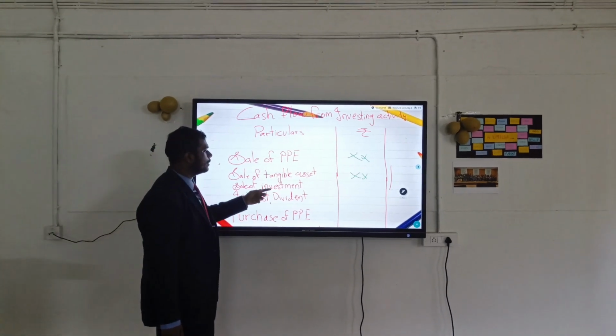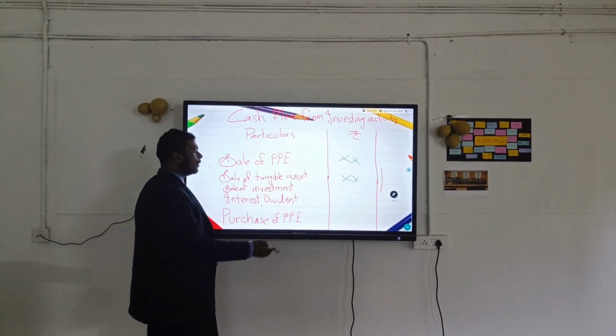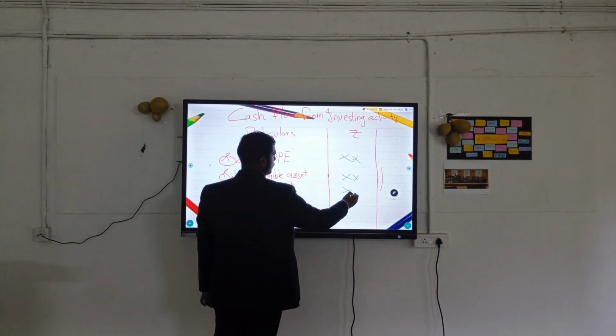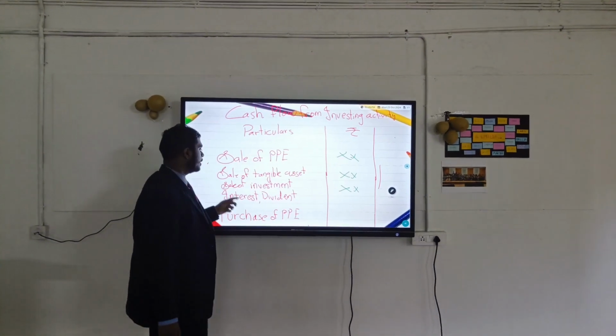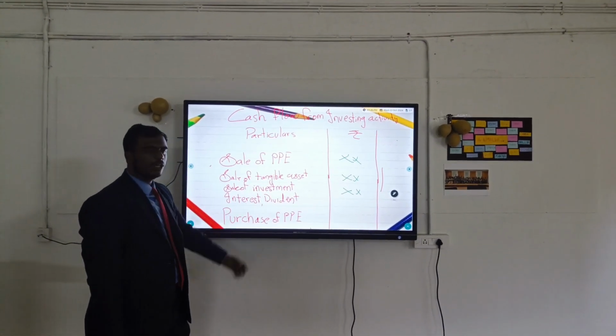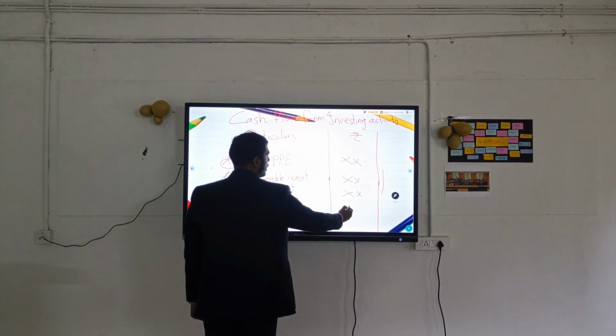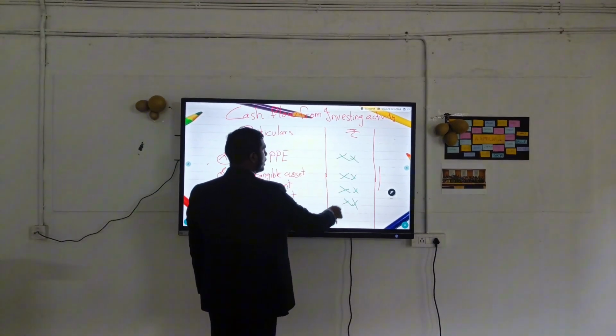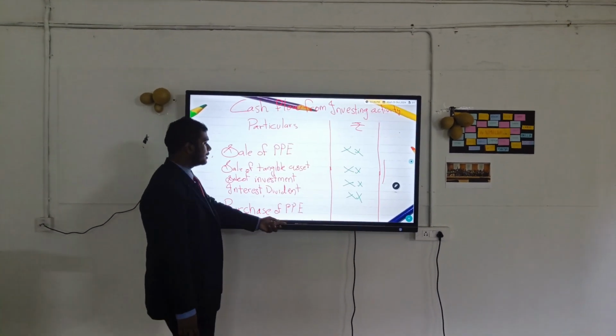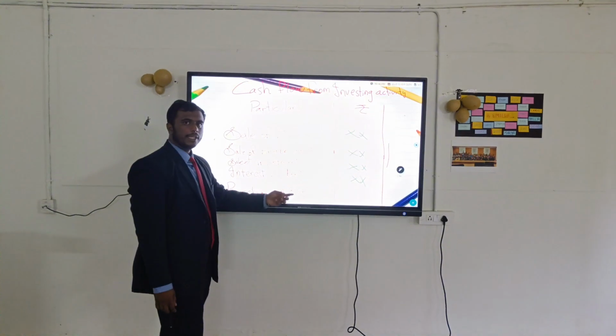Next is sale of investments. That is also an inflow. Next is interest and dividend received. This is also an inflow, so we are writing the amount in the inner column. Next is purchase of PPE.